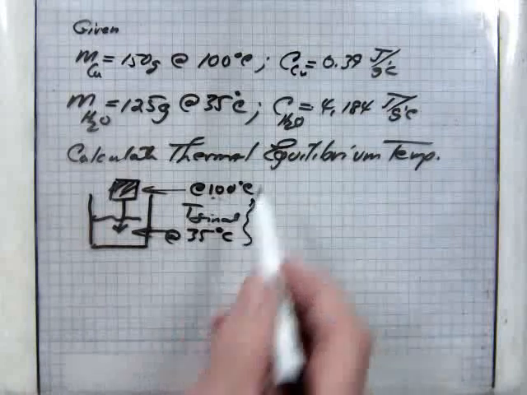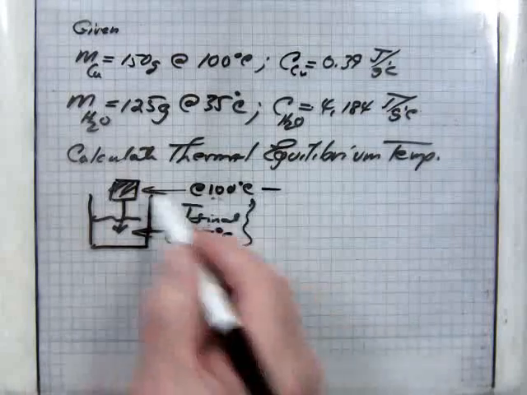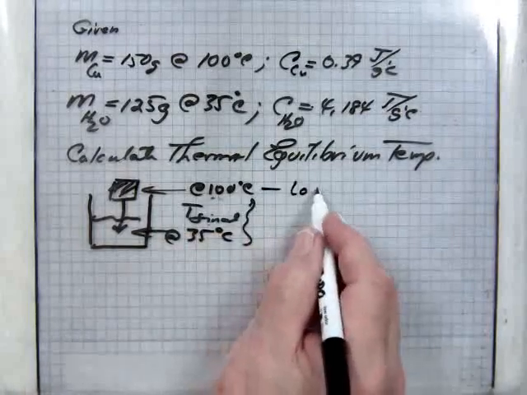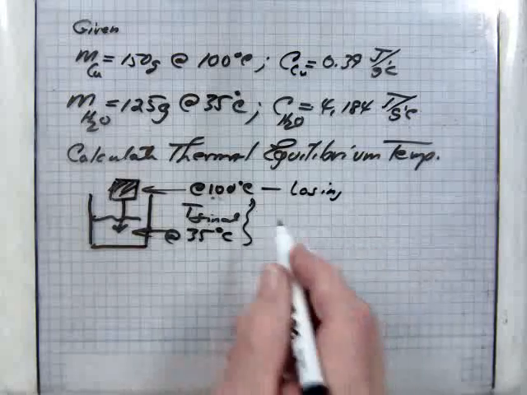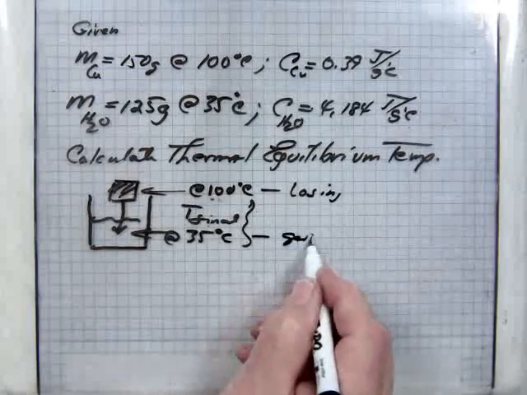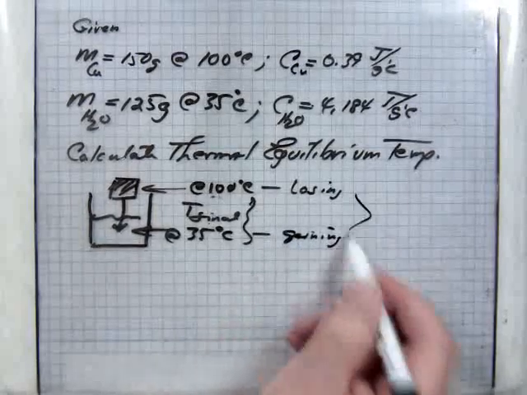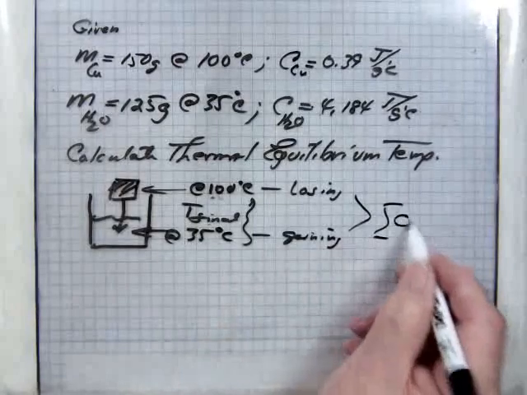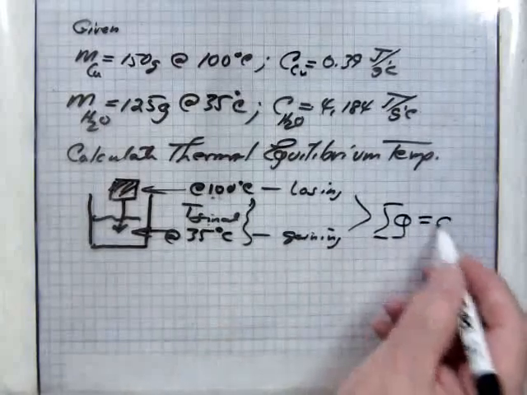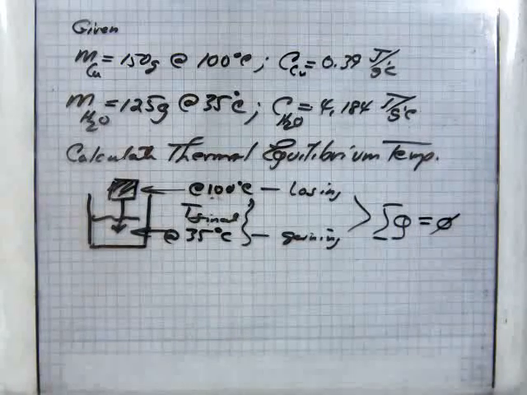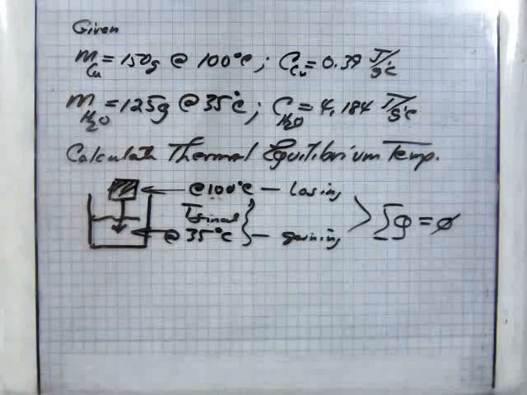Now, the copper is losing energy, and the water is gaining. But the sum of all the energy changes will be zero. Energy lost equals energy gained. It didn't go anywhere.